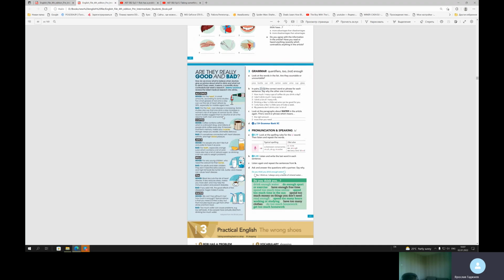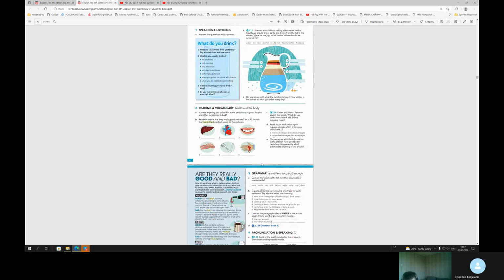But too much water can cause problems, for example, low salt levels. A few people actually died from drinking too much water. Okay, let's do exercise B on page 42.